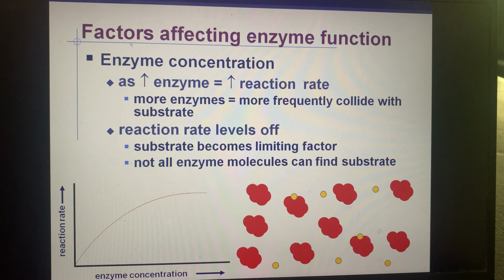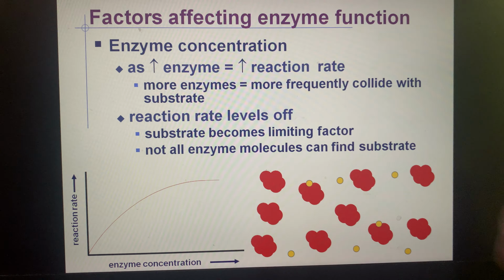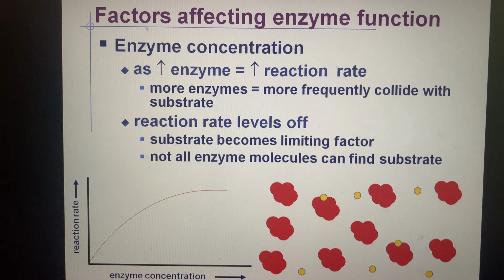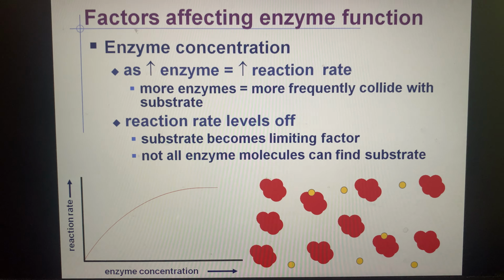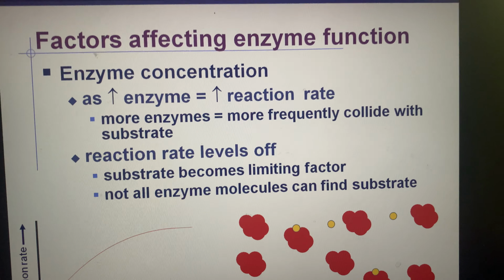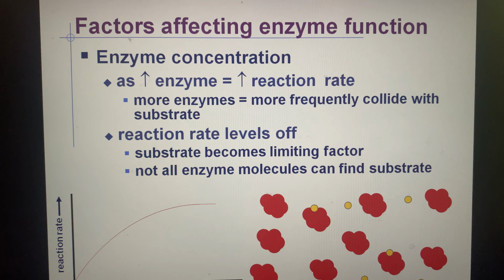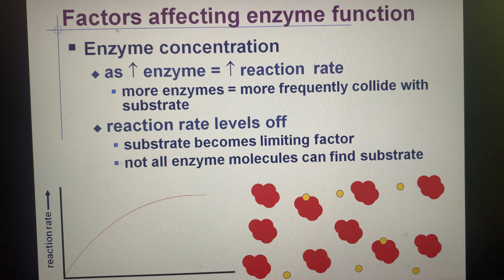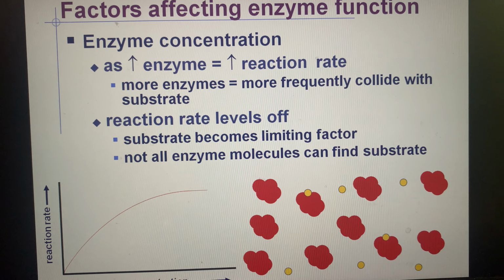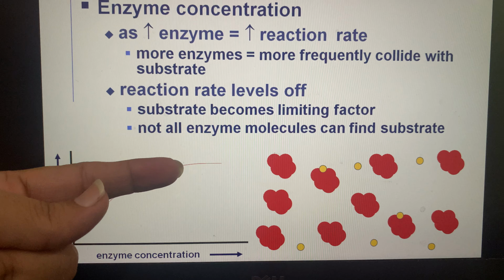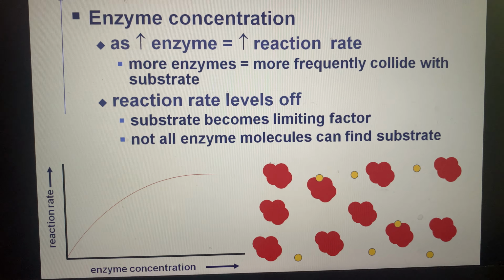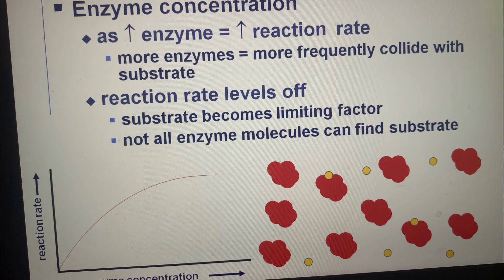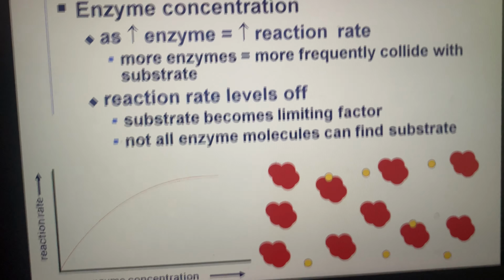Next one is substrate concentration, linked to the previous one. Here you see, as enzyme concentration increases, reaction rate increases. More enzymes will be present and collide more frequently with the substrate, therefore increasing the reaction rate. But at a certain point, let's say here, the reaction rate will level off, because substrate becomes the limiting factor at this point.